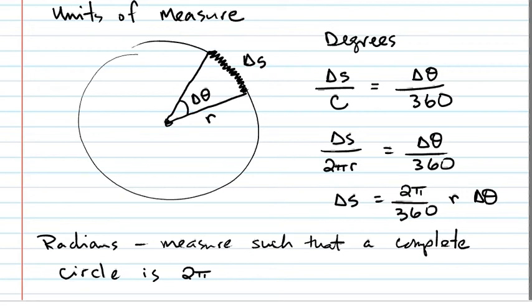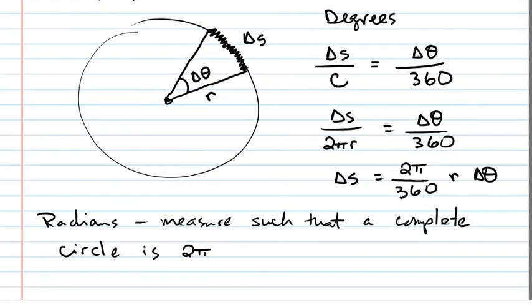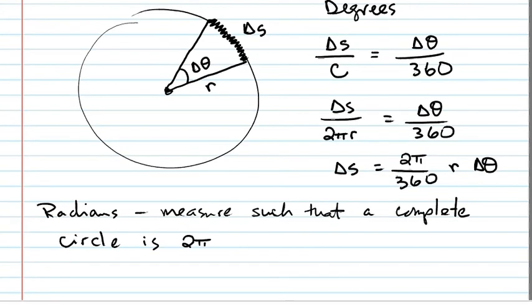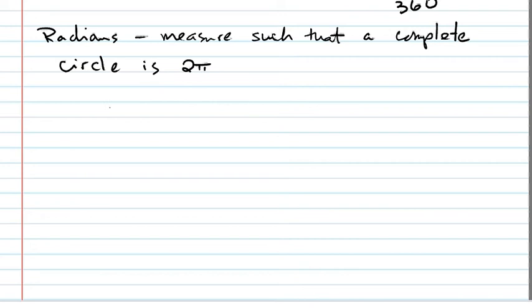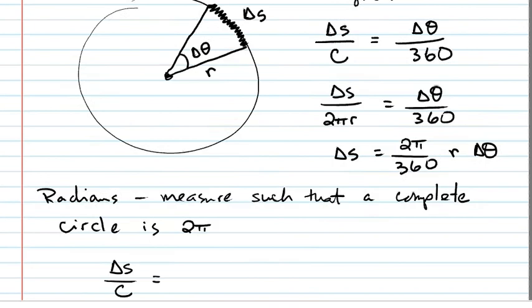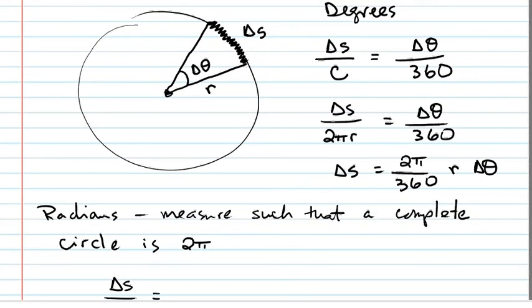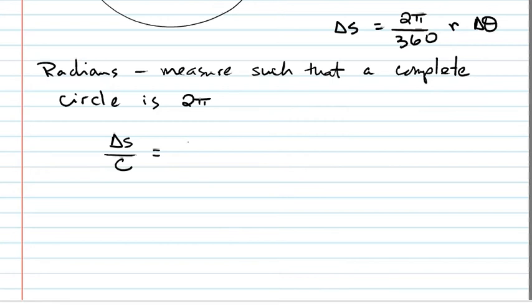We're going to set up the ratios once again, the proportion, and we're going to have that the delta S compared to going all the way around the circle, that's the delta S compared to the circumference of the circle, is going to be the same as the angle measure there, the displacement, the delta theta, compared to the angle going all the way around a circle, but in radians, that's going to be 2 pi.